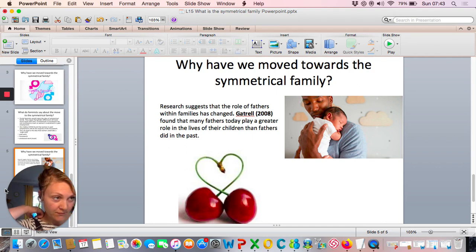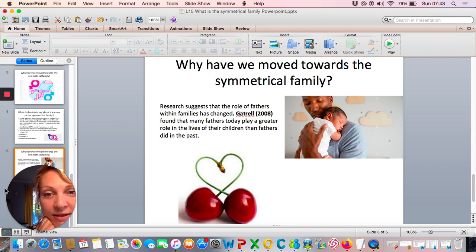However, this new role has caused tension between couples because, again, as I was saying in terms of generalisation, not all women want to have the maternal role taken away from them.